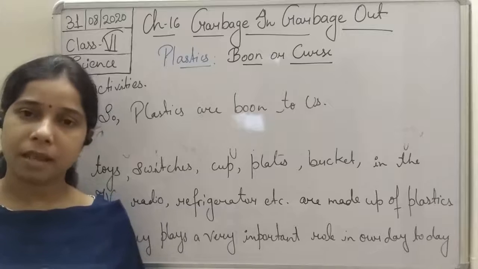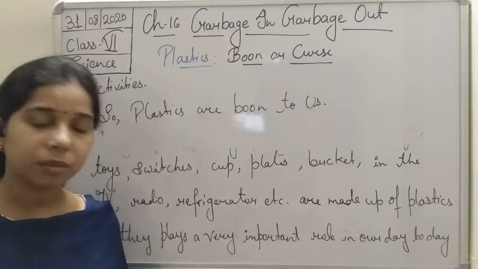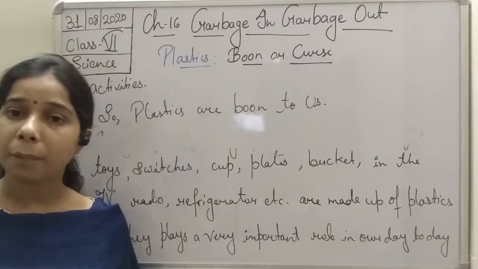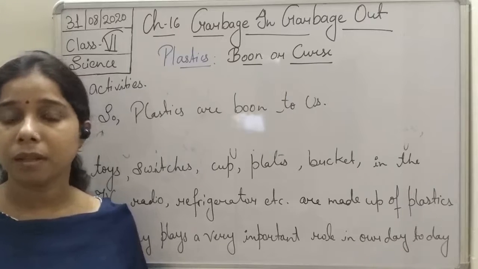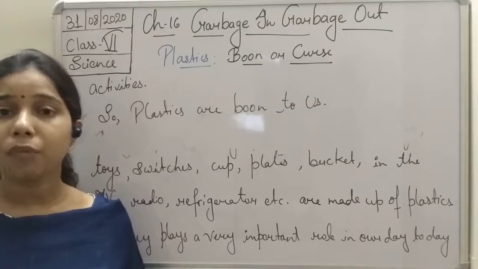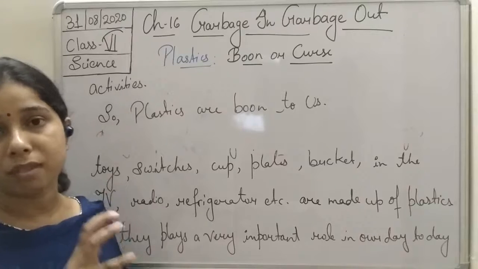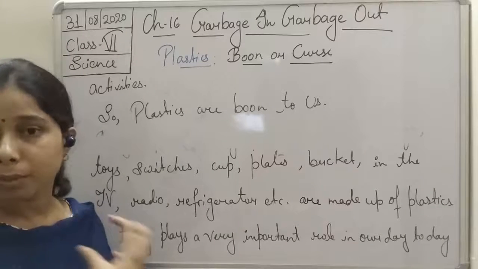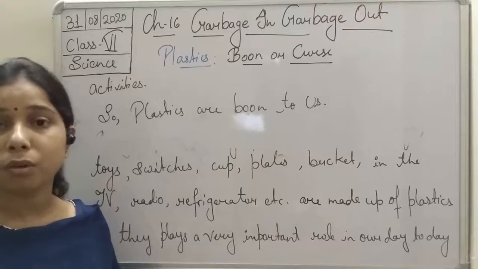Now, if you take plastic and throw it in the water, or you take garbage and throw it in the river, or throw it in dirty water in the sewer, what will happen? It is going to choke the sewer pipe. Then the water will not be able to pass, even if rainwater occurs.